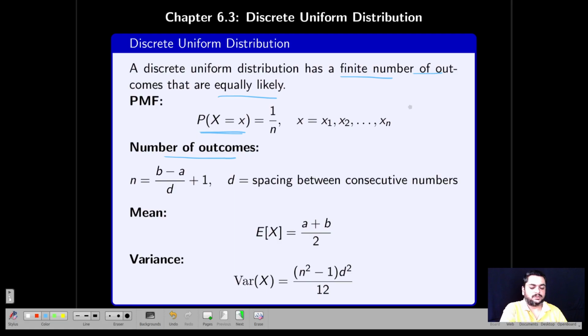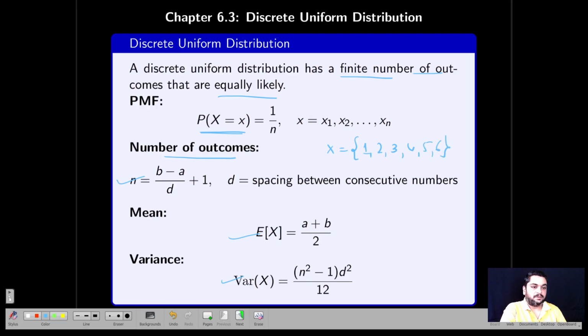In most of the books, they will not give these formulas, okay? These are the modified formulas that I have given. They will just give, assuming that the spacing is 1. What I am trying to say is, if I do the die experiment, I can get the values x equal to 1, 2, 3, 4, 5, 6.